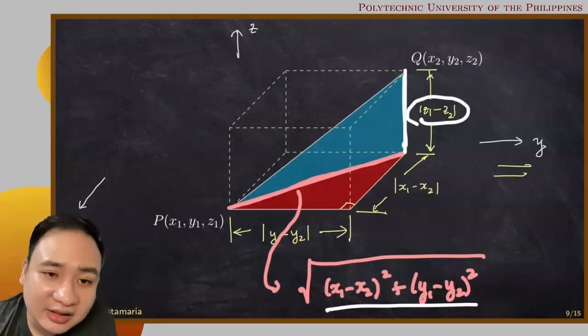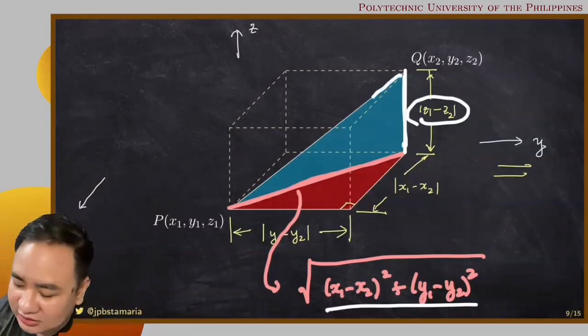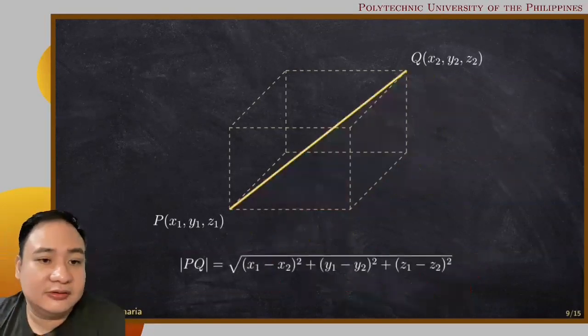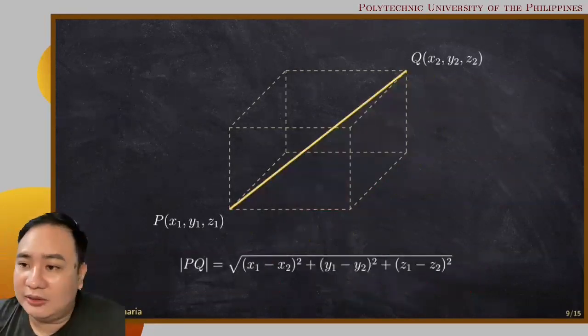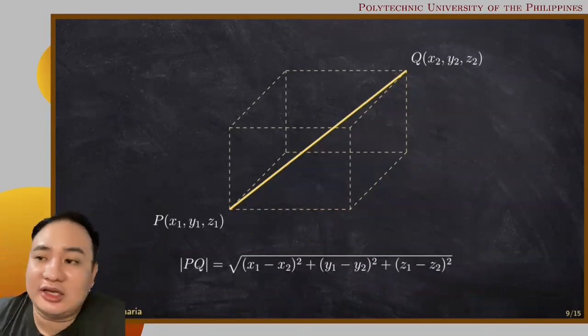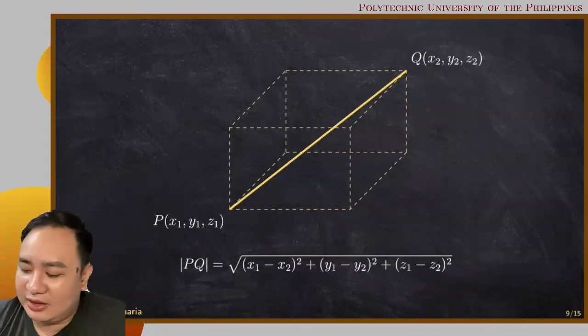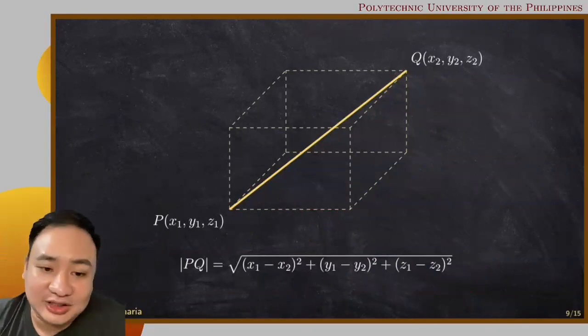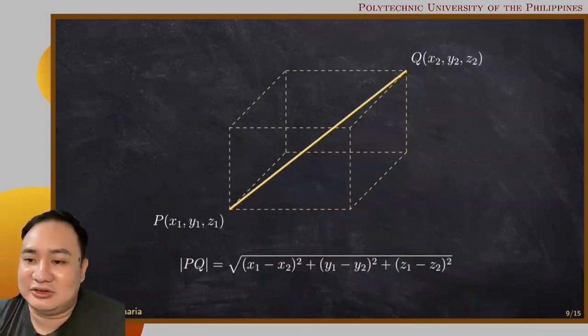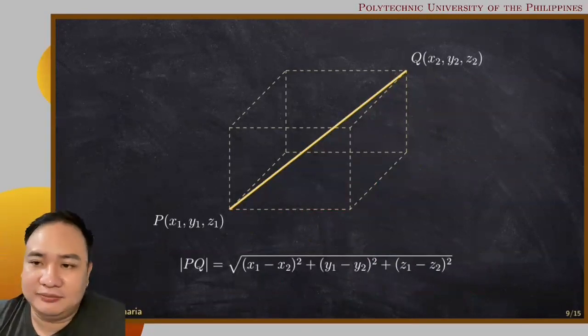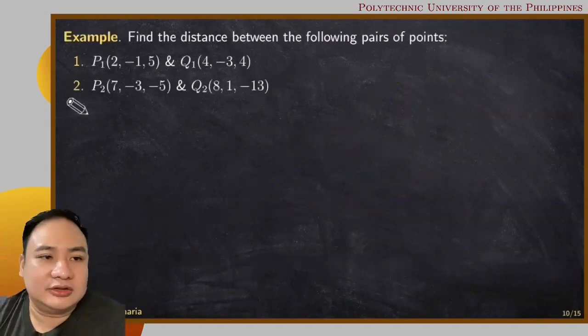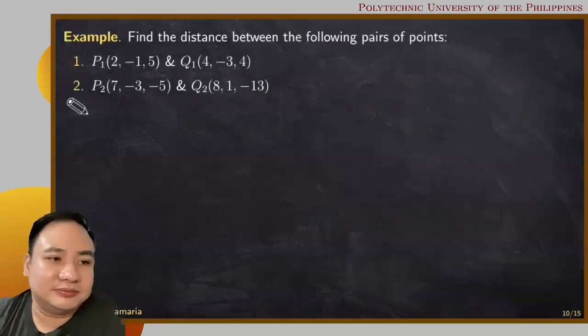Then add, and take the square root. That's the distance. Therefore, we have that formula. That's all there is to it. This is the justification for why the formula is like that, or why we can extend the formula as such. Understand?